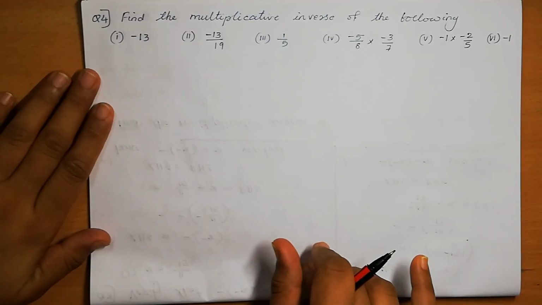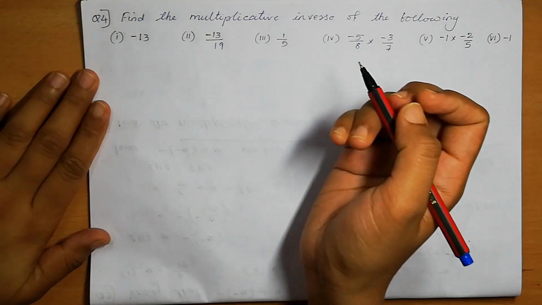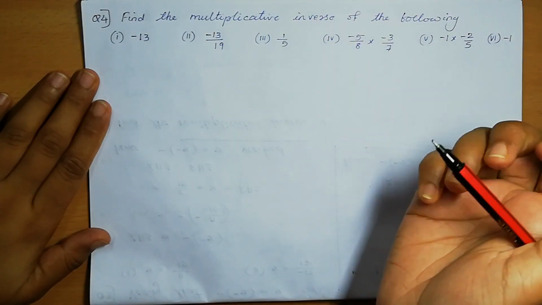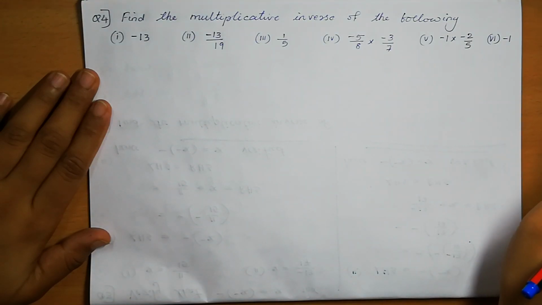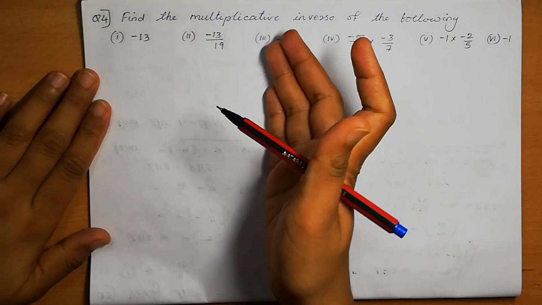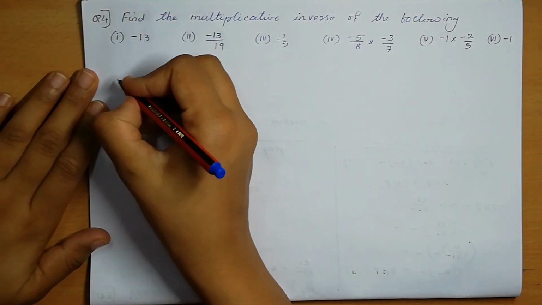Question number 4. Find the multiplicative inverse of the following. So we know, what is the multiplicative inverse? Multiplicative inverse is same as reciprocal. If you multiply a number with its reciprocal, the answer is equal to 1. That is the multiplicative inverse or reciprocal.